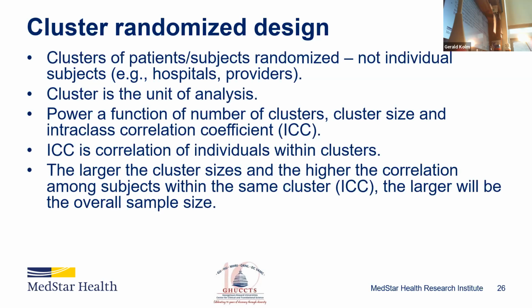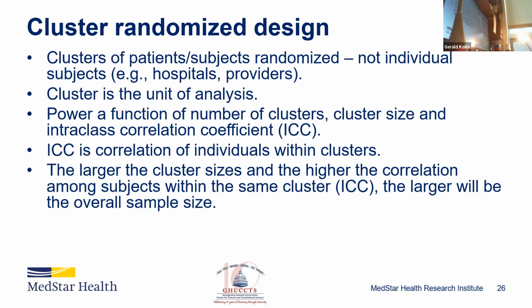And so our cluster here might be hospitals, might be providers, however many number of clusters we have, and then the cluster size along with the correlation within the same cluster, the larger the sample size is going to need to be, the more clusters we have and the higher the correlation among subjects.